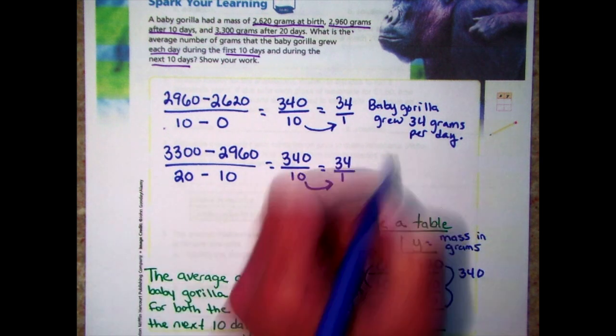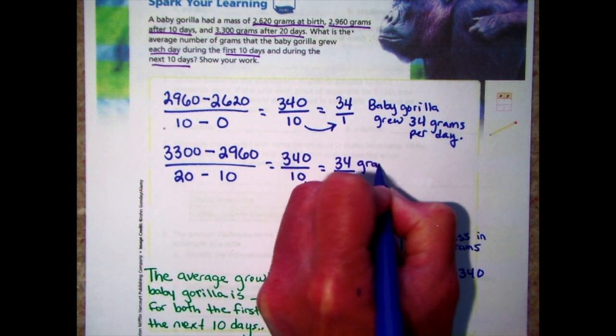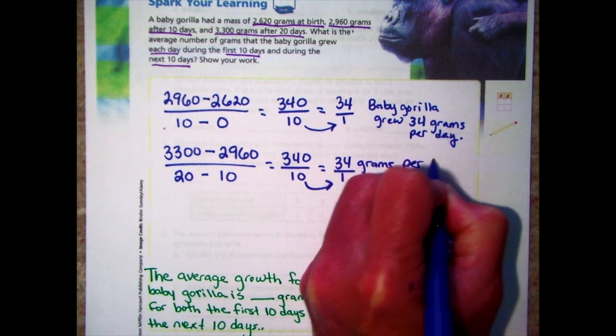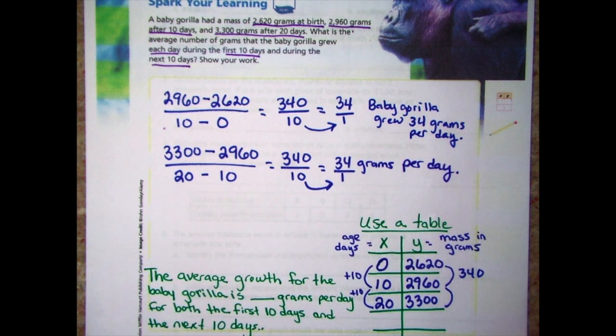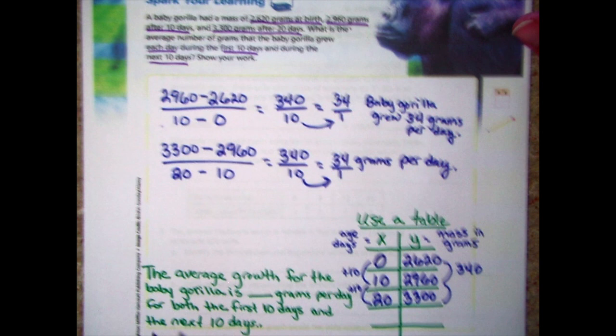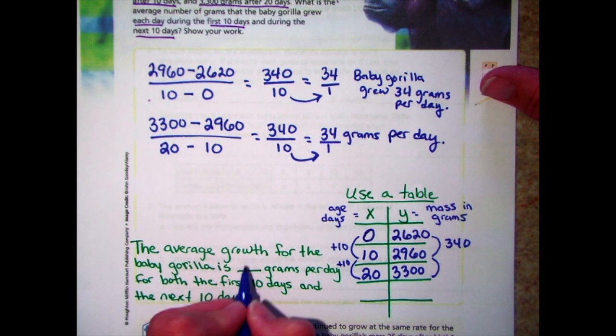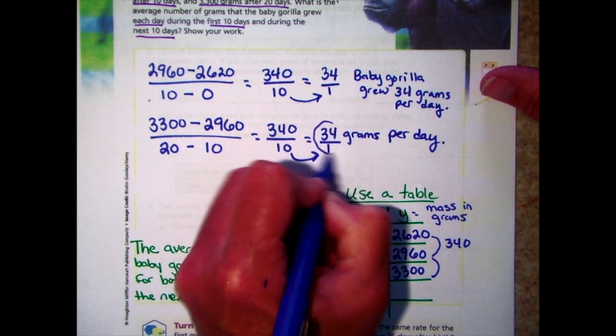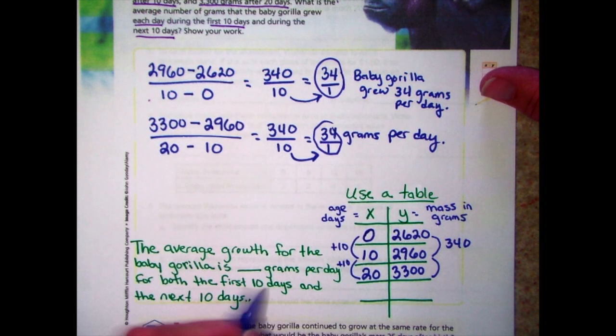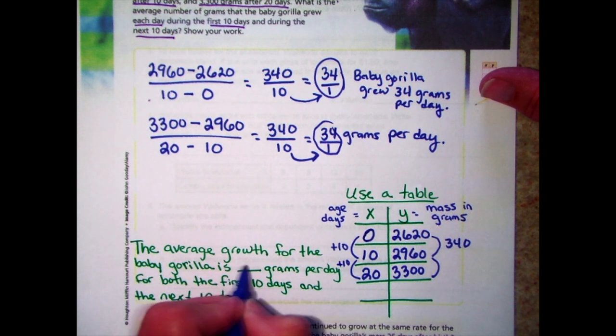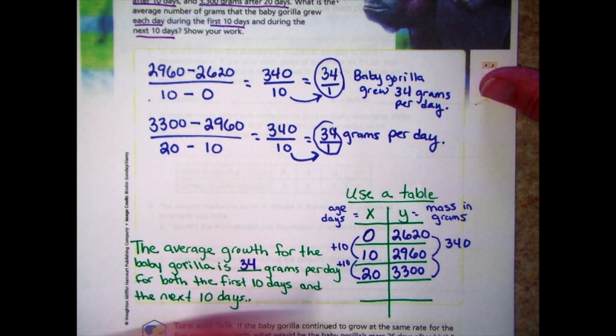So 34 grams per day. Now, the answer to this question says the average growth for the baby gorilla is, and we can fill in what we found up here. The average growth for the baby gorilla is 34 grams per day for both the first 10 days and the next 10 days.